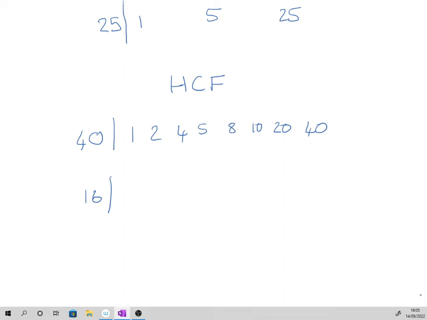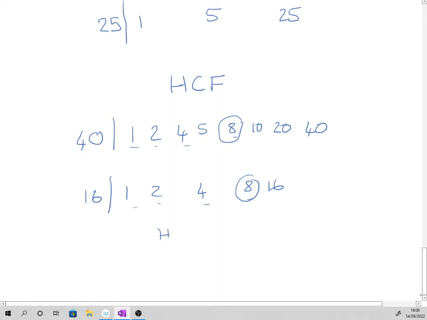So there's all the factors of 40, and 16 is 1 times 16, 2 times 8, and 4 times 4. So the common factors are 1, 2, 4, and 8. And the highest common factor is the 8. So of 40 and 16, the highest common factor equals 8.